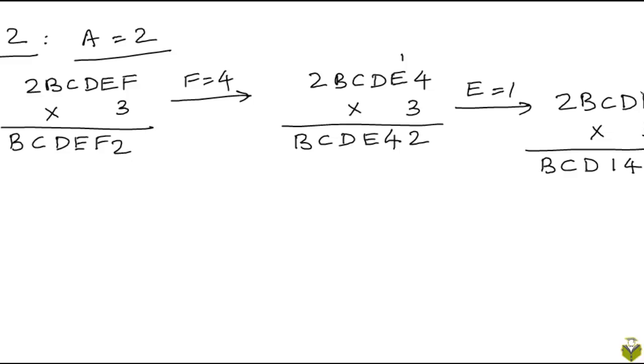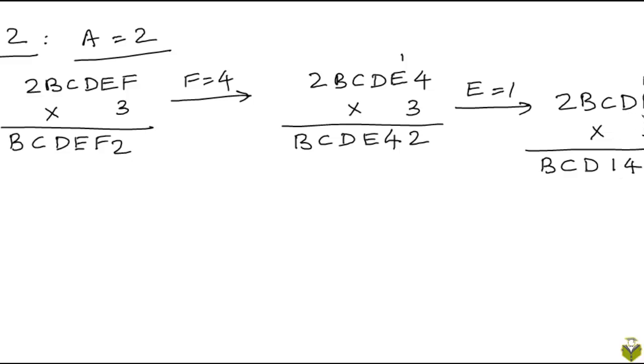Now let me write the carries again. Now let's see if we can find the value of D. 3 times 1 plus 1 is 4. So there's no carryover from this column. So when we multiply 3 with a D, we should get a number that has a 1 in the units place.